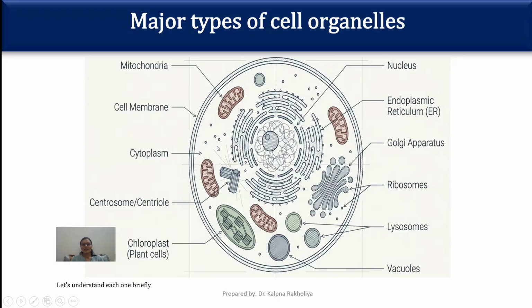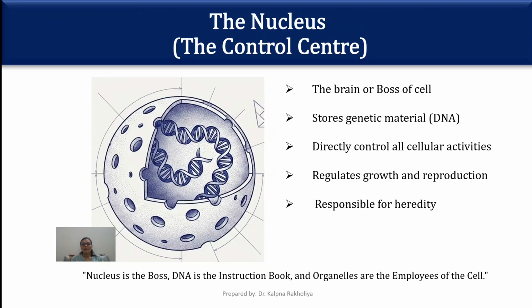Inside the cell membrane there is the cytoplasm, centriole or centrosome, and chloroplast for the plant. Here are the mitochondria, vacuoles, lysosome, ribosome. Small dots are ribosomes, here with the ER, endoplasmic reticulum, and the Golgi apparatus. So this is the 2D structure of the cell, in which the cell organelles are present.